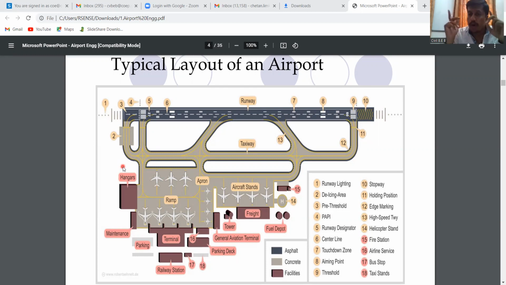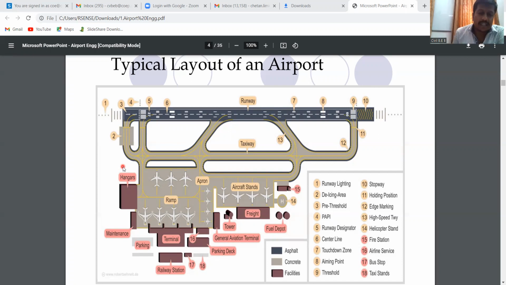Note that the apron is reserved for the parking of aircraft. Where aircraft get parked, that area we call the apron. And what are hangars? Hangars are nothing but those areas where we do the repair and maintenance work of the aircraft. The area where we do aircraft repair and maintenance work is called the hangars.